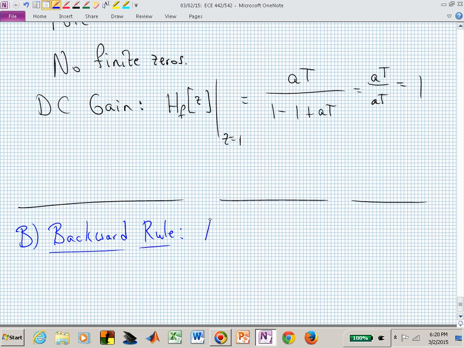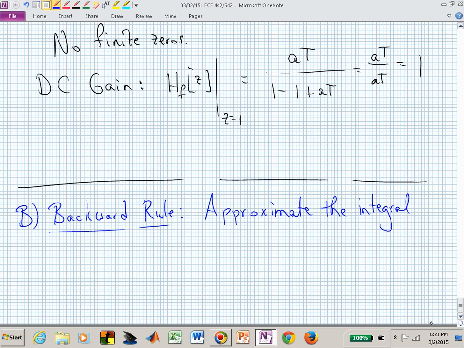And in this case, what we want to do is approximate the integral again with a rectangular area, except this time we're looking not forward but backward.